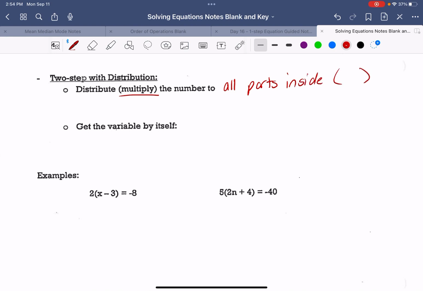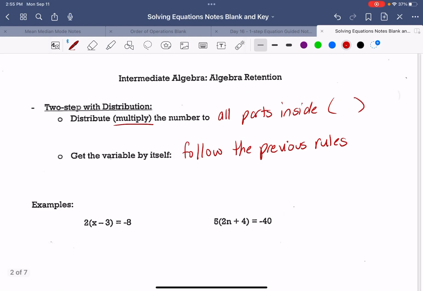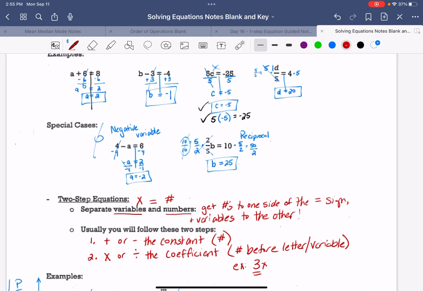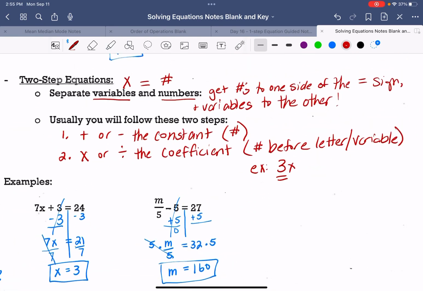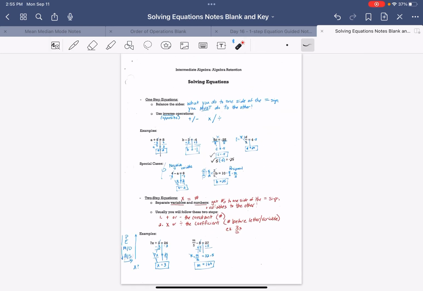And you're going to get the variable by itself by following the previous rules. Okay, so if you go to this other page, then once you distribute, you will then do this right here. Okay, what we just did.